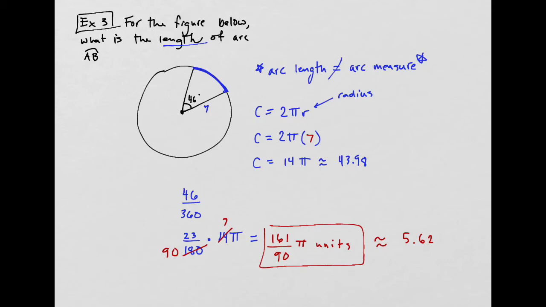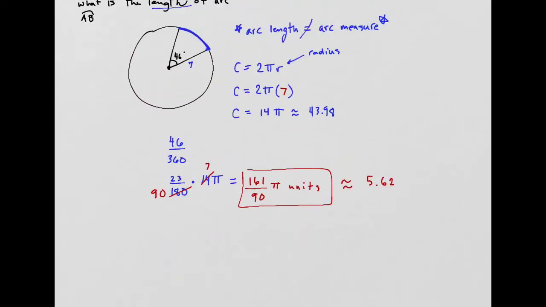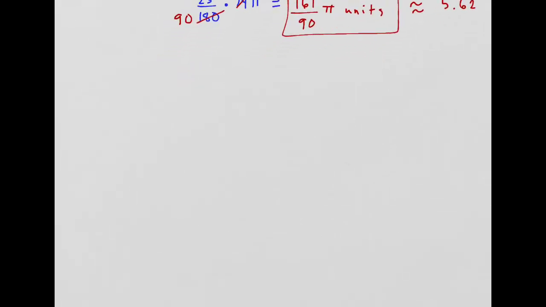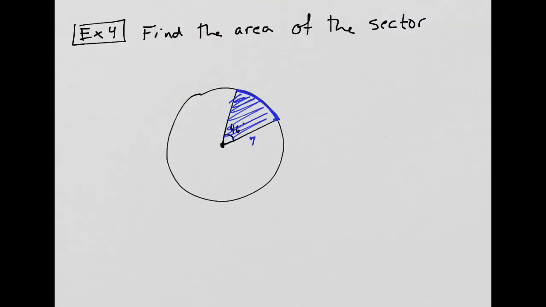Great. To reiterate, all we're doing is finding the entire length around the circle and then taking some fraction of it. And just multiply. The next example is going to use the same circle, except we're going to find area in the same exact way. So we have the same circle, and it says find the area of the sector. So the sector is just the piece of the circle.